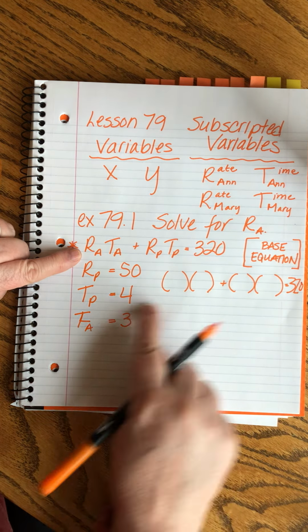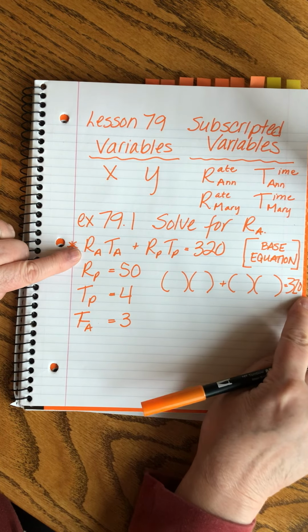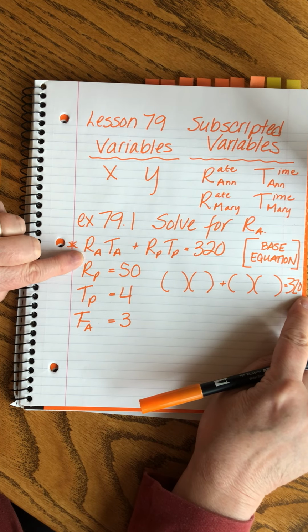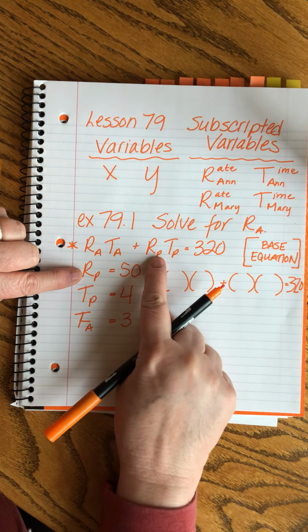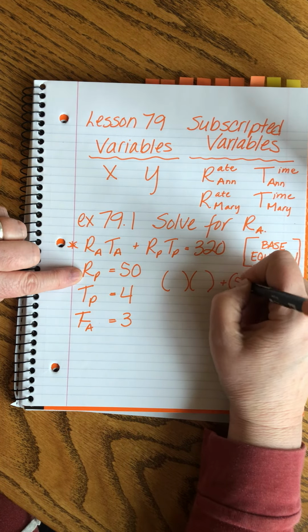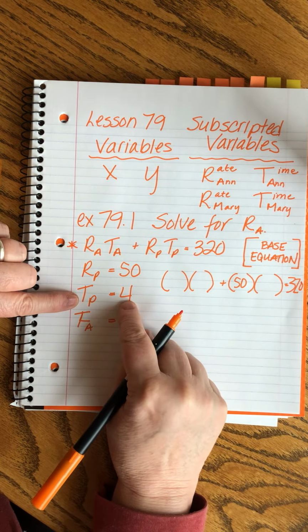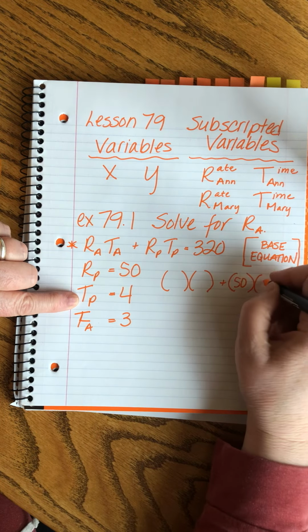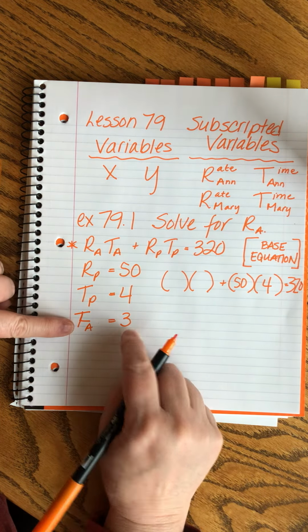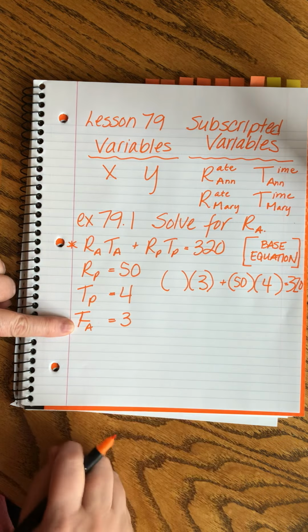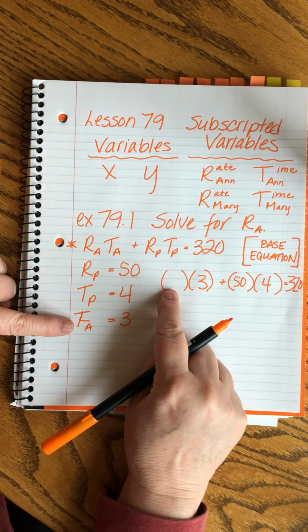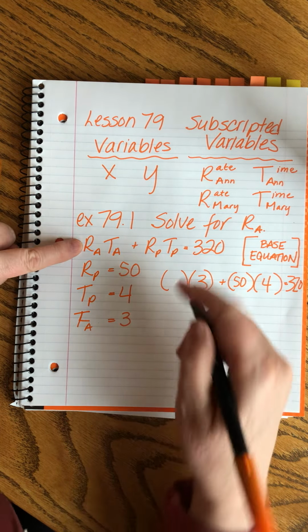Next time it'll be closer. Now we fill in. RP equals 50. RP goes here. TP equals 4. That goes there. TA equals 3. Now, we don't have anything for this bucket, so we just put the letter inside.